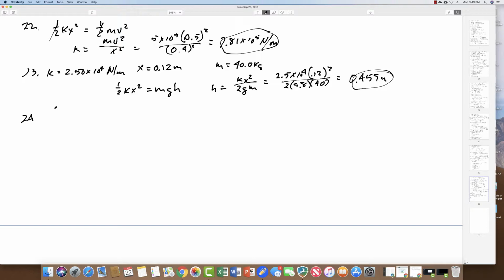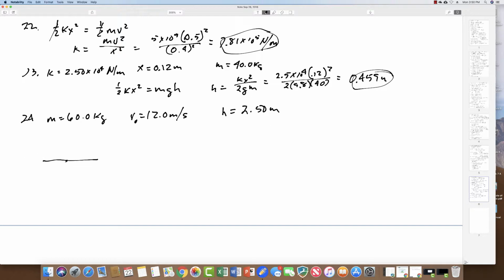A 60 kilogram skier, so the mass is equal to 60 kilograms, has an initial speed of 12 meters per second, and they coast up a 2.5 meter high rise shown in figure 70.4. I'll draw that in just a second. And so this looks like this.